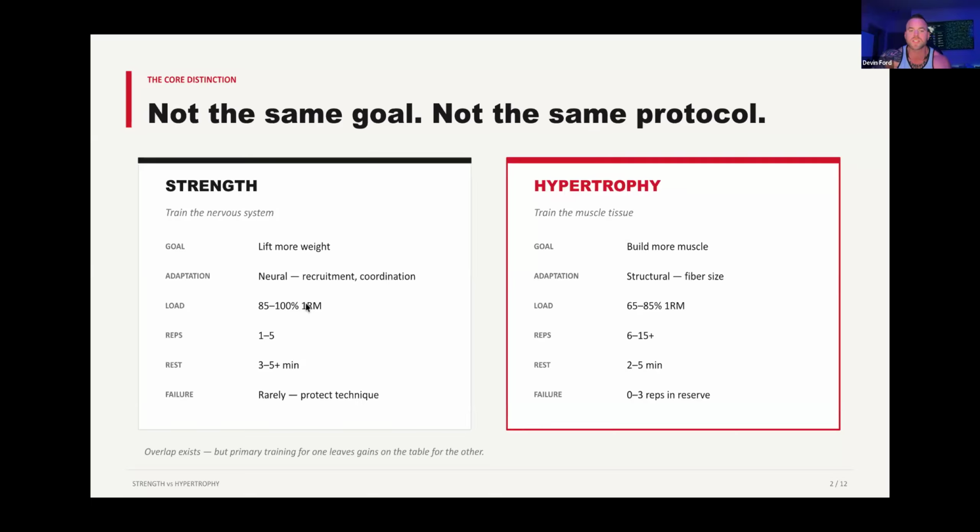Okay. So if my deadlift is 600 pounds, I need to be using at least like 550 pounds to even have a reason for my brain to maximally engage the muscle tissue. Otherwise, it won't. The load has to be heavy enough to engage the nervous system to get better at firing the muscle. But hypertrophy is not about the brain, it's about the actual muscle growing.